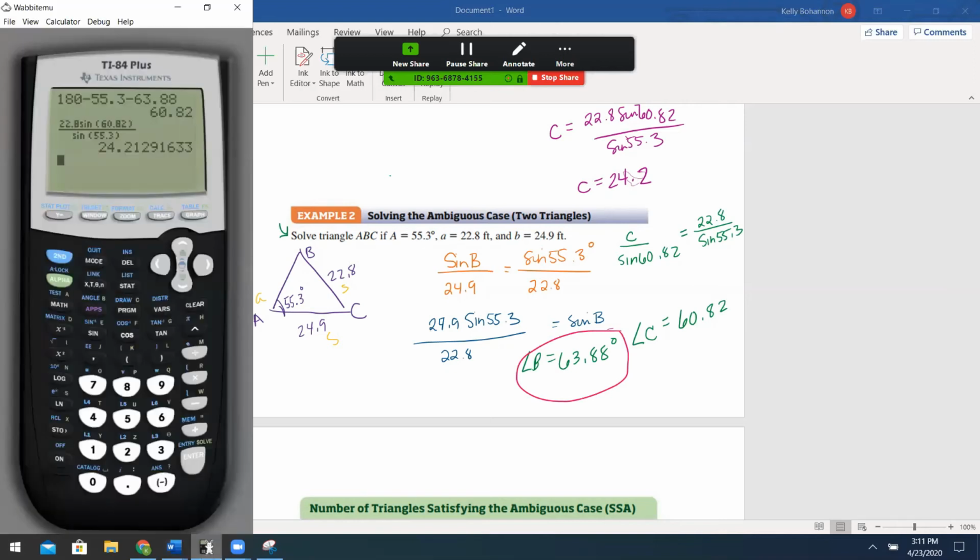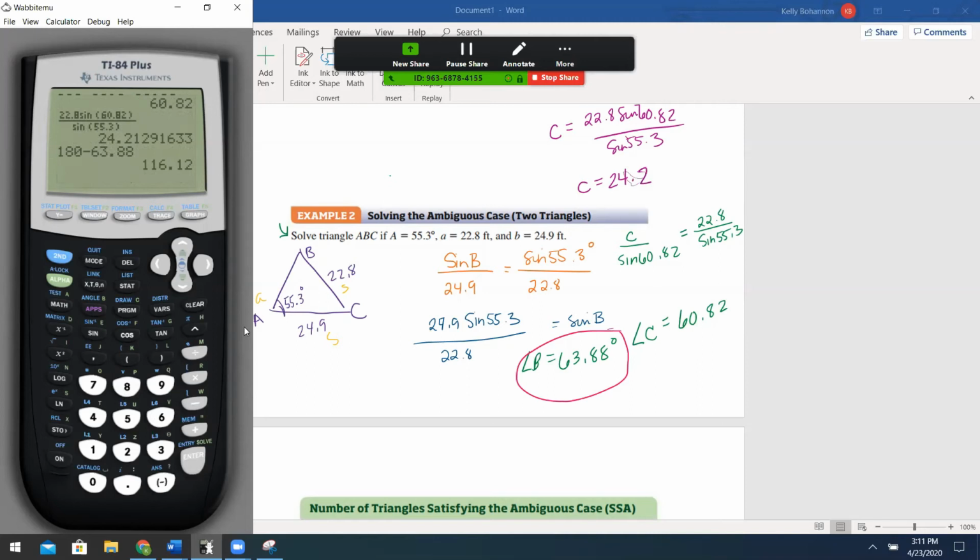So this 0.897868, that sine value actually belongs to two angles, supplementary angles. So I'm going to do 180 minus 63.88, and that gives me the other angle that also has that same sine value. It happens to be an obtuse angle.